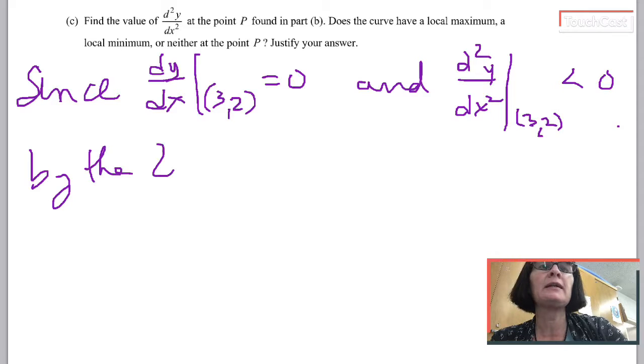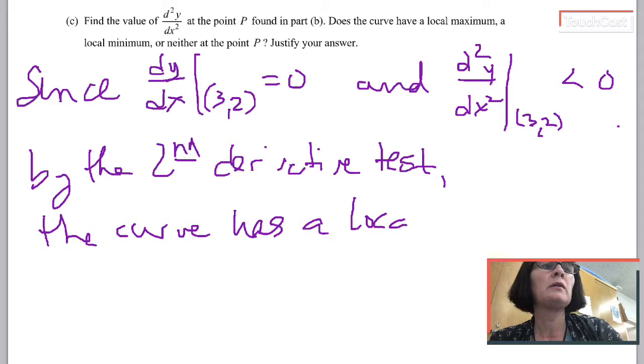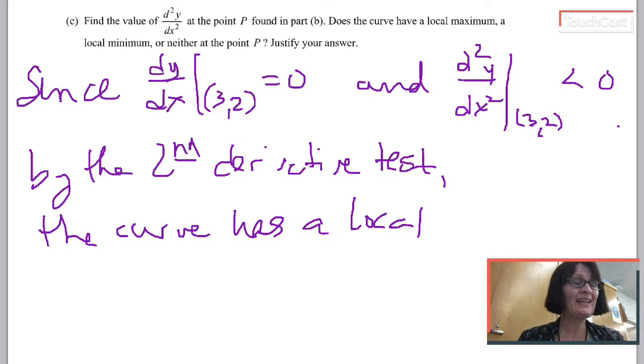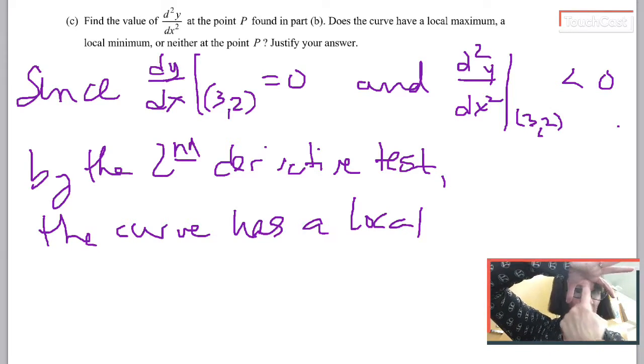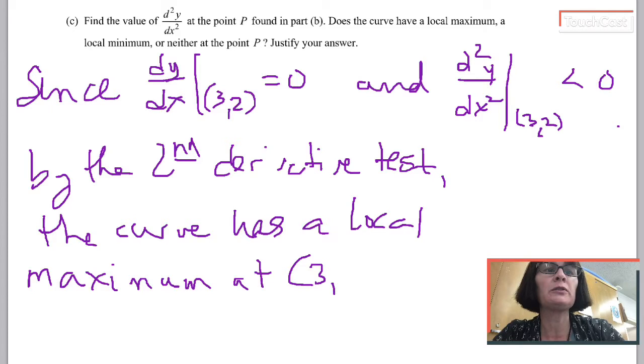By the second derivative test, the curve has a local... so negative second derivative means concave down. So if I had an extreme value there, that was the top of a hill, that was a local maximum at (3, 2). Final answer.